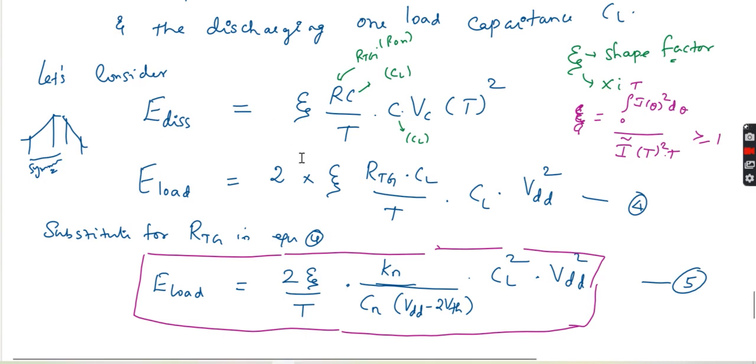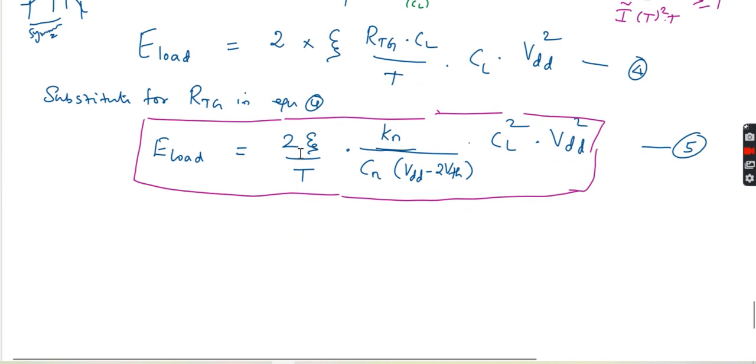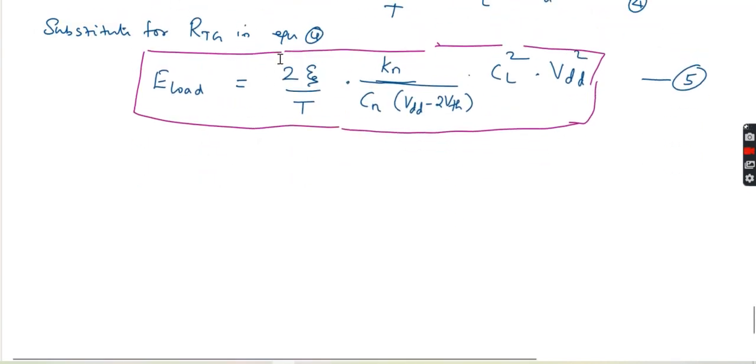Additionally, we have to consider the parasitic effects, such as the C diffusion, because any circuit you take may have parasitic capacitance.